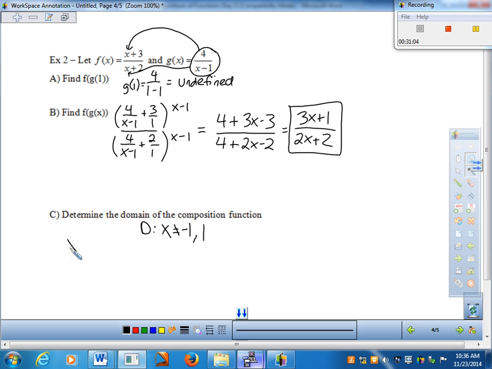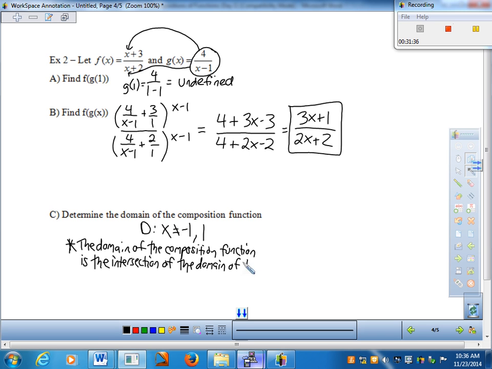So here's, I guess, the most formal approach. So the domain of the composition function is the intersection of the domain of the created function.